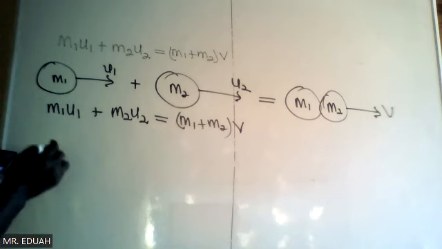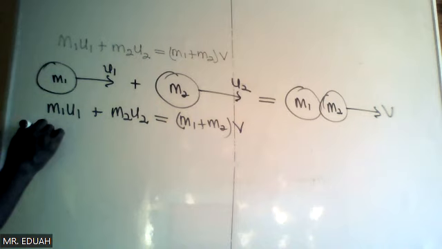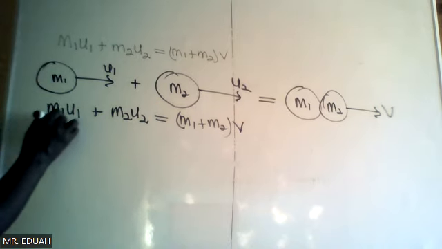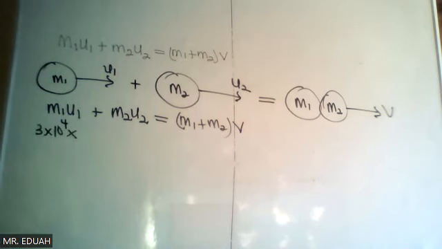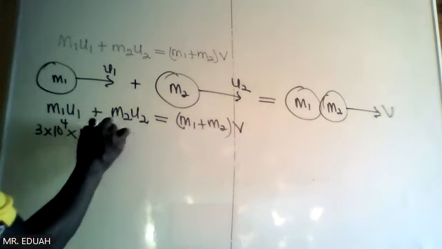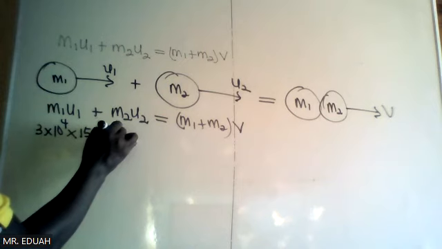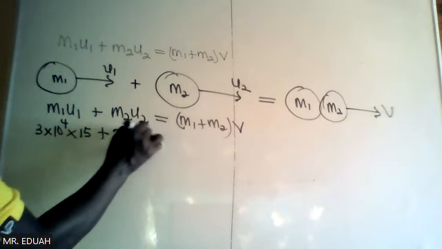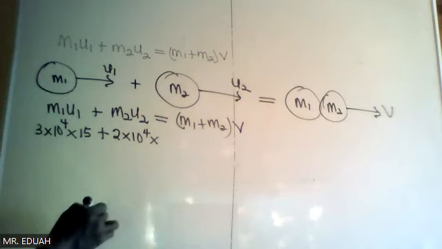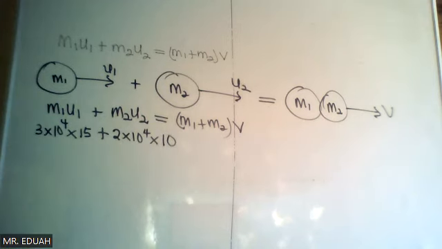So the mass of the first car is 3 times 10 to the power 4. Its initial velocity is 15, plus the mass of the second car, 2 times 10 to the power 4. Its initial velocity is 10 meters per second.